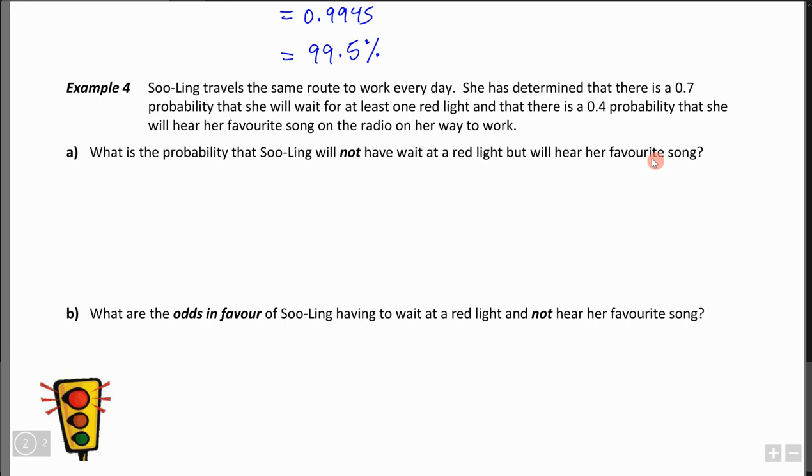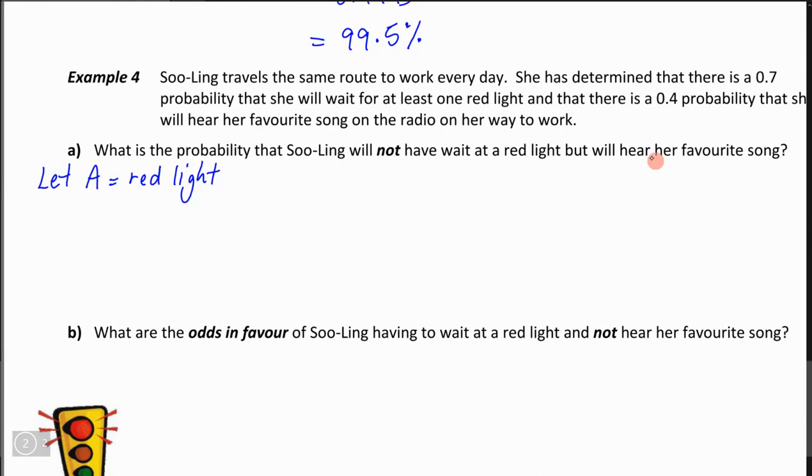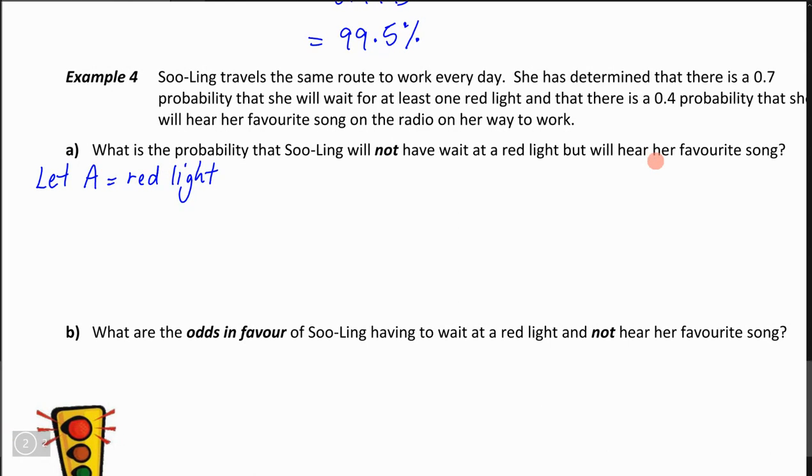So I'm going to let A equal the red light. So A is the probability that she'll have to wait for at least one red light. And we're going to let B be the probability that she will hear her favorite song on the radio.